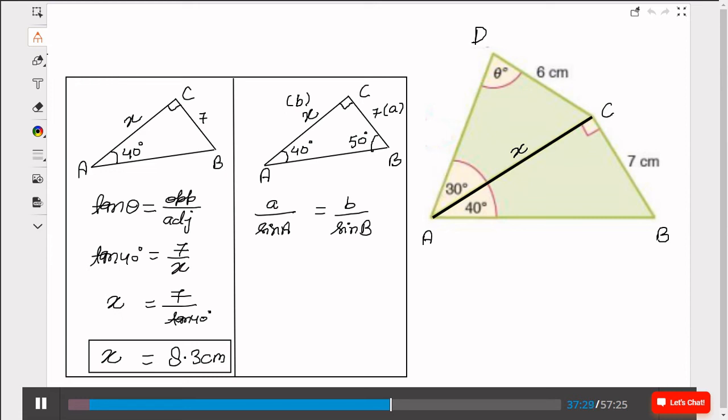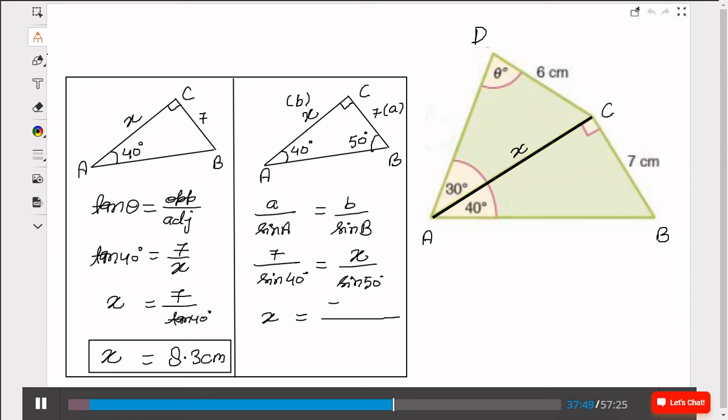x is equal to 7 times sine 50 over sine 40. So now let us put this into the calculator. Definitely that will be equal to 8.3 only.